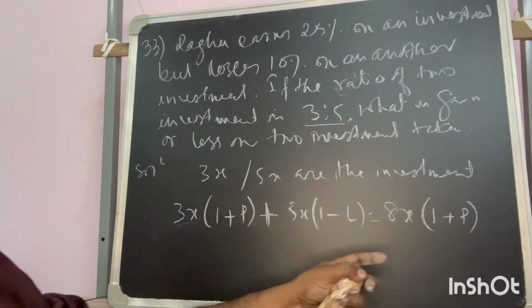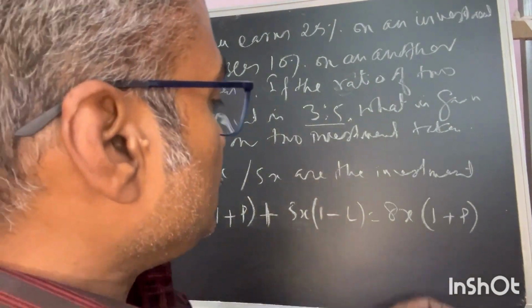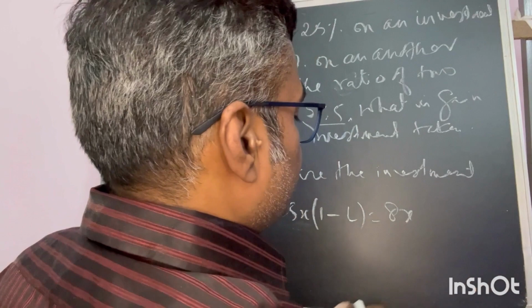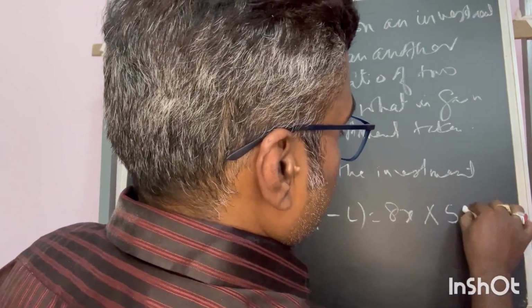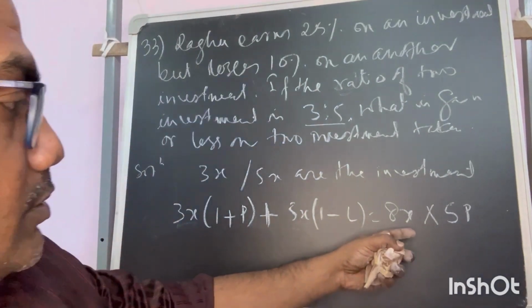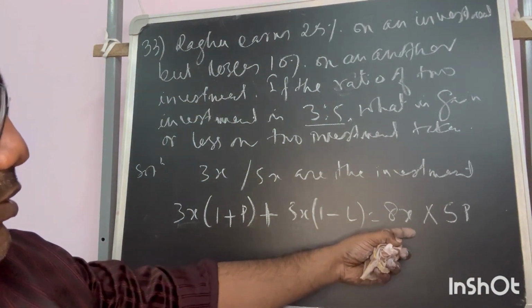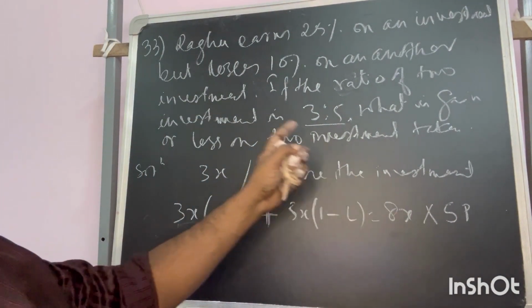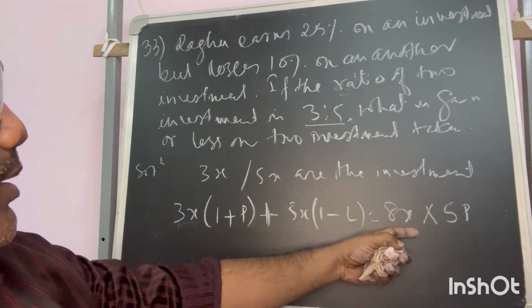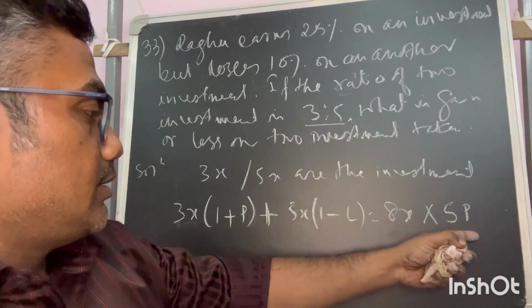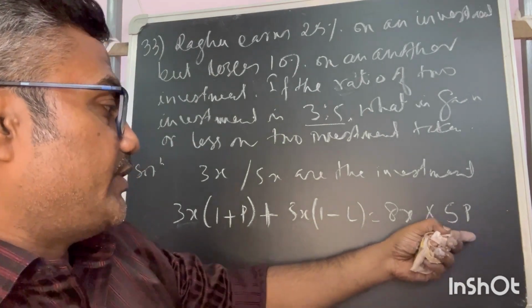Let's say this is the SP, this is your cost price, the investment, and this is the selling price of that investment.